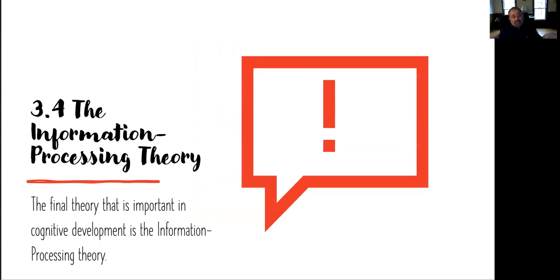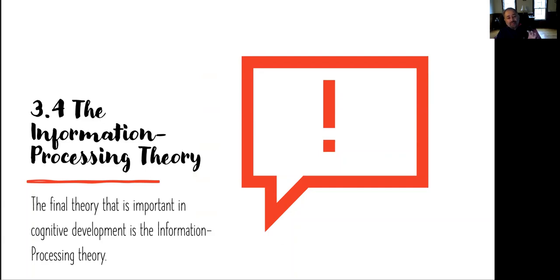The final theory that is important in cognitive development is the information processing theory. This is seen as an alternative to the Piaget theory, and it uses computers as a model for the human mind.